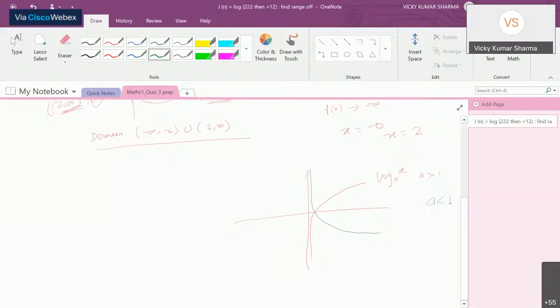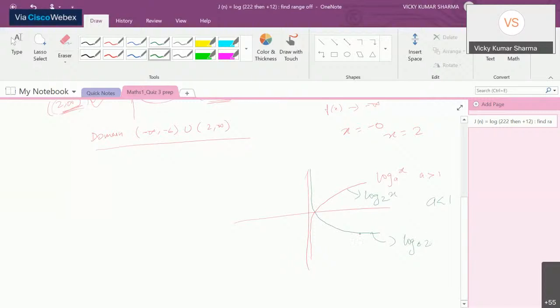So if this is log 2x, then the graph looks like this, and this is for the value lesser than 1. I can take lesser than 1 as, let's say, log of 0.2. So the graph looks like this in that case.